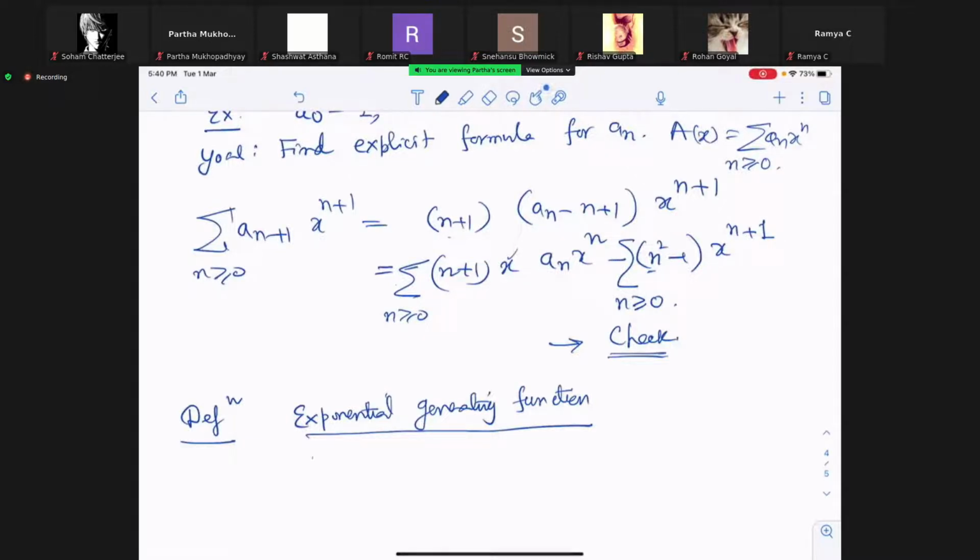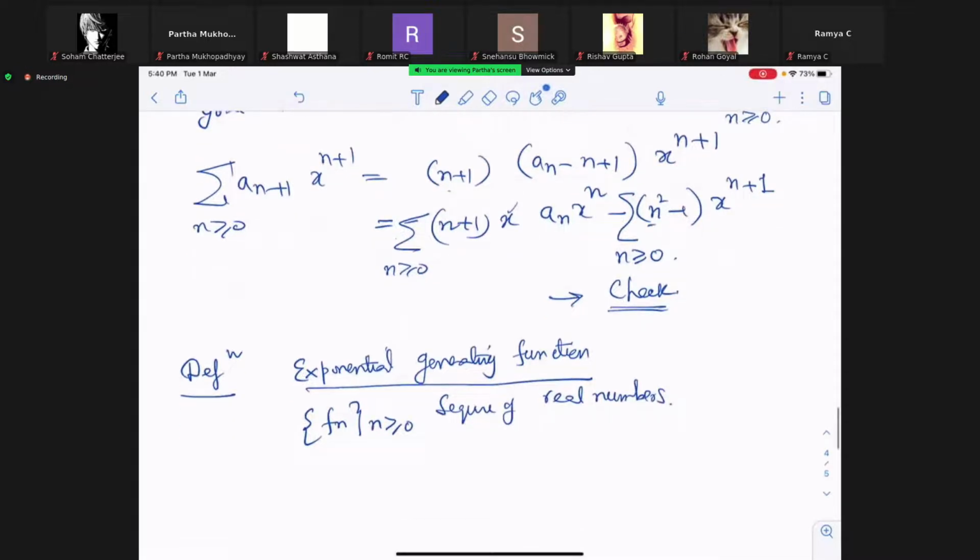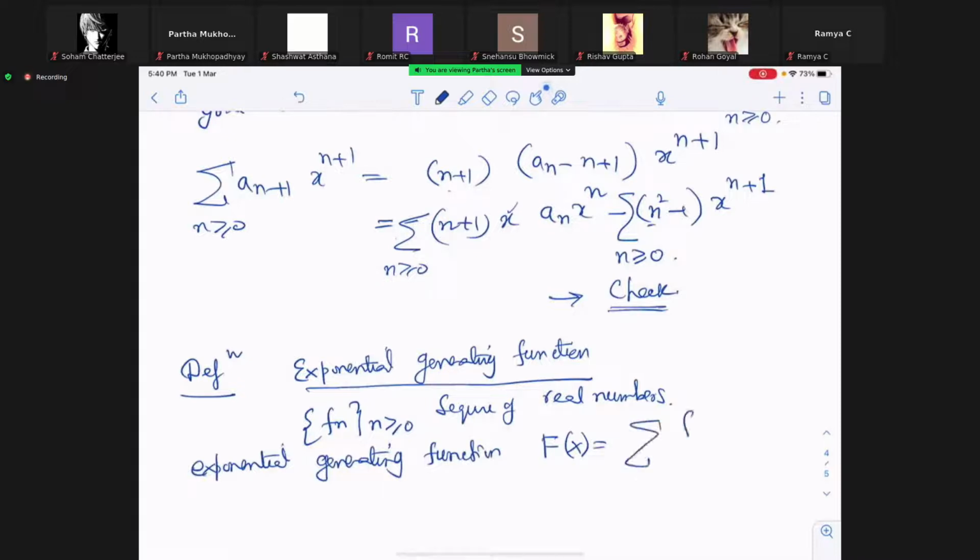So if you have a sequence f_n, the exponential generating function F(x) is the sum of f_n by n factorial times x^n.